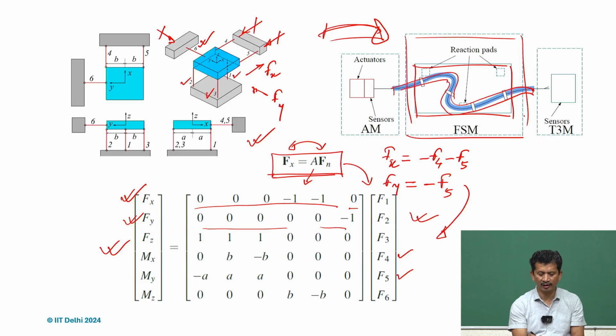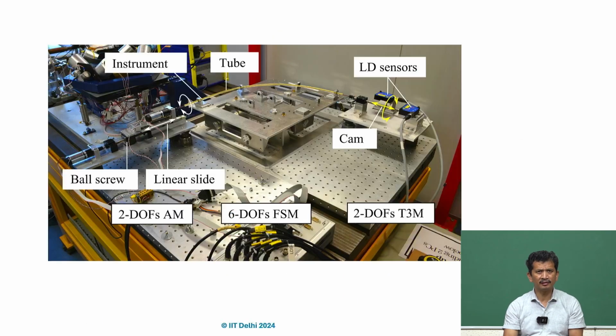If we insert an instrument through this and it interacts with the tube, what kind of forces will there be? We are talking about translation and rotation, and can we measure it? We can put this on top of this blue platform and easily measure any force. So, this can be designed, and this is what I have.